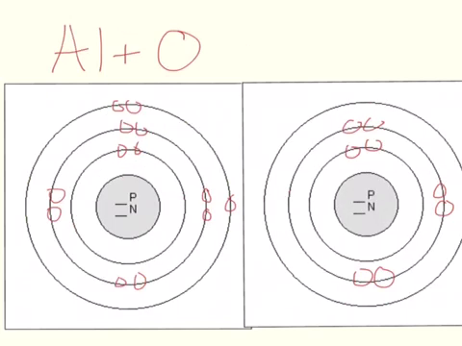Alright, so this one is going to be aluminum and oxygen. And on this one, you're going to see something a little different. So you have your 2 electrons over here, but you're also missing 2 electrons over here.